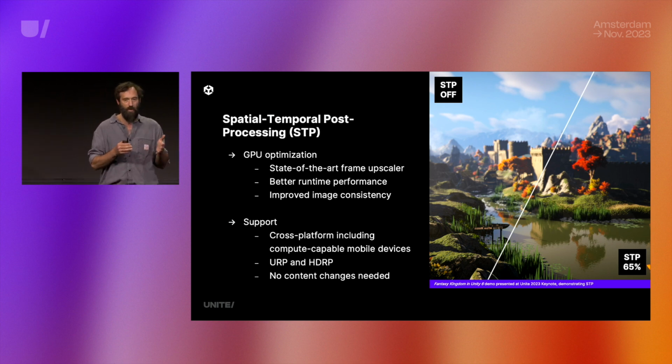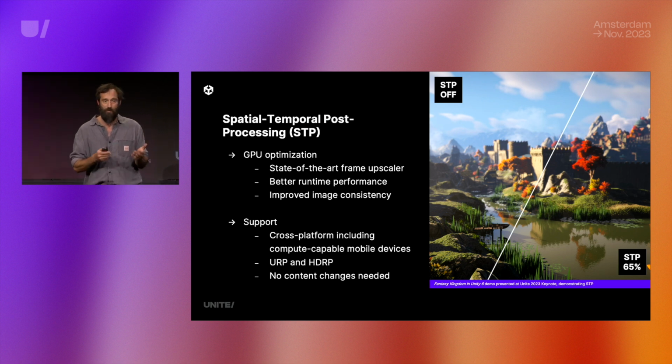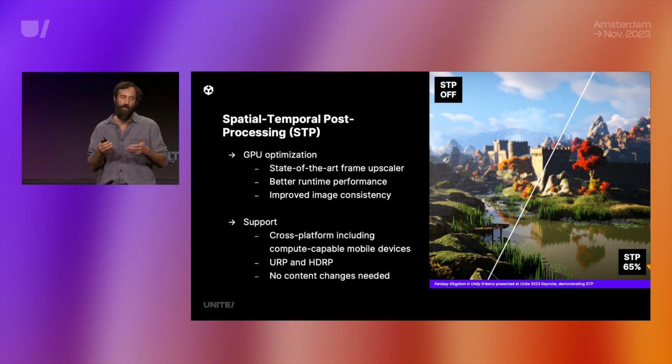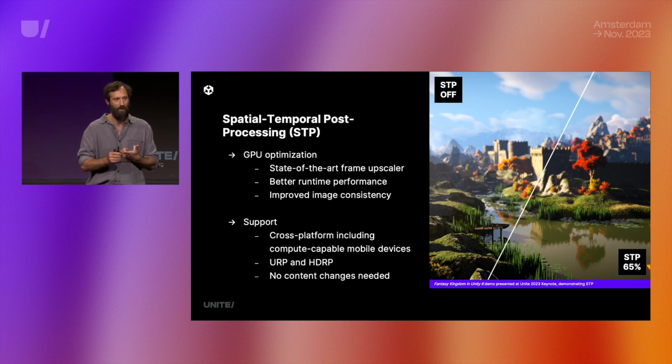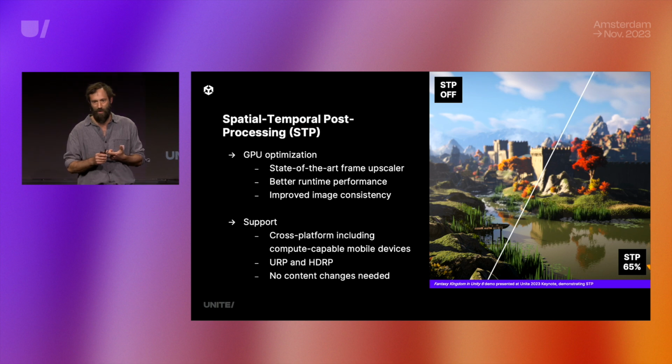But one of the top asks was to have a temporal upscaler for URP. The problem with temporal upscalers is, one, it needed TAA, so it came lastly, and number two, it's very hard to find an upscaler on the market which really works on a lot of devices.